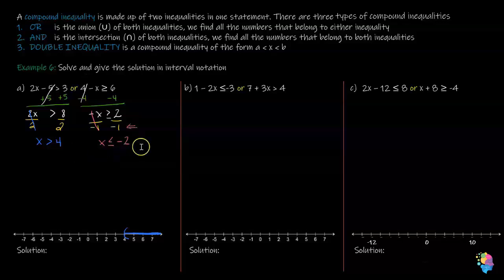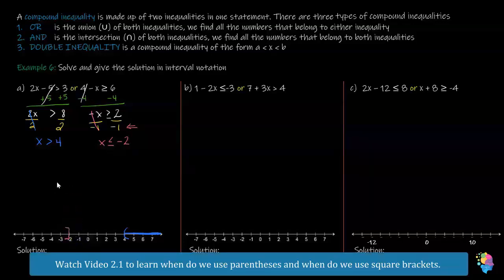So this second inequality is asking us to shade everything to the left of negative 2. We want all the values that are less than, but this time less than or equal to negative 2. So we locate that negative 2 in the number line. We are going to include negative 2, and we're going to shade to the left side.